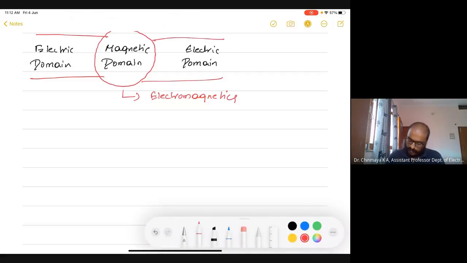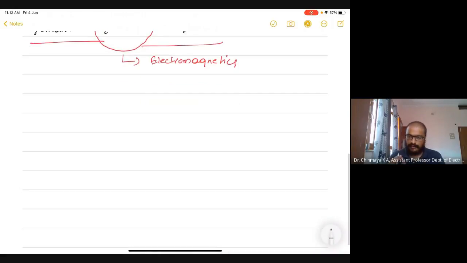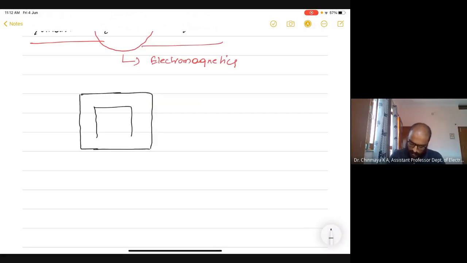A transformer is made up of two parts. The first one is a core which is made up of a magnetic material, generally ferrite or iron.